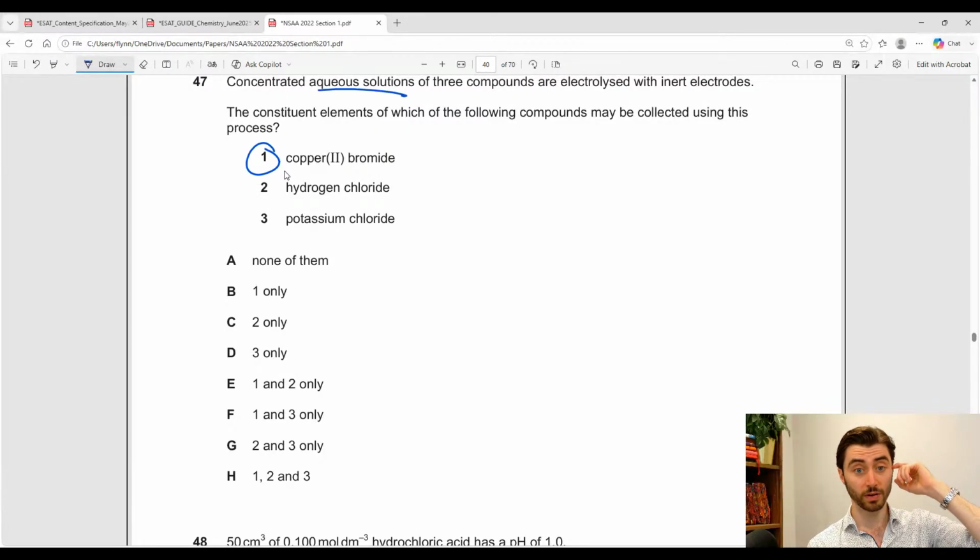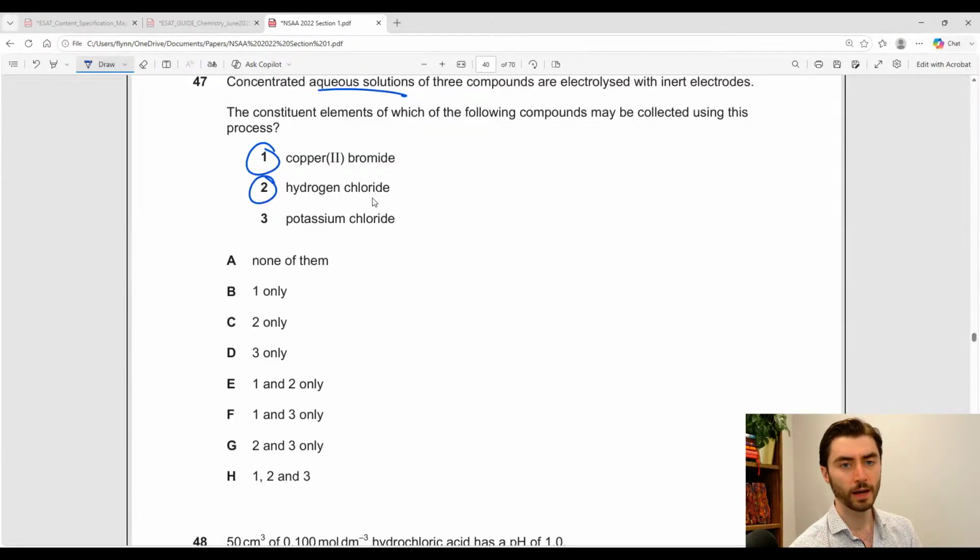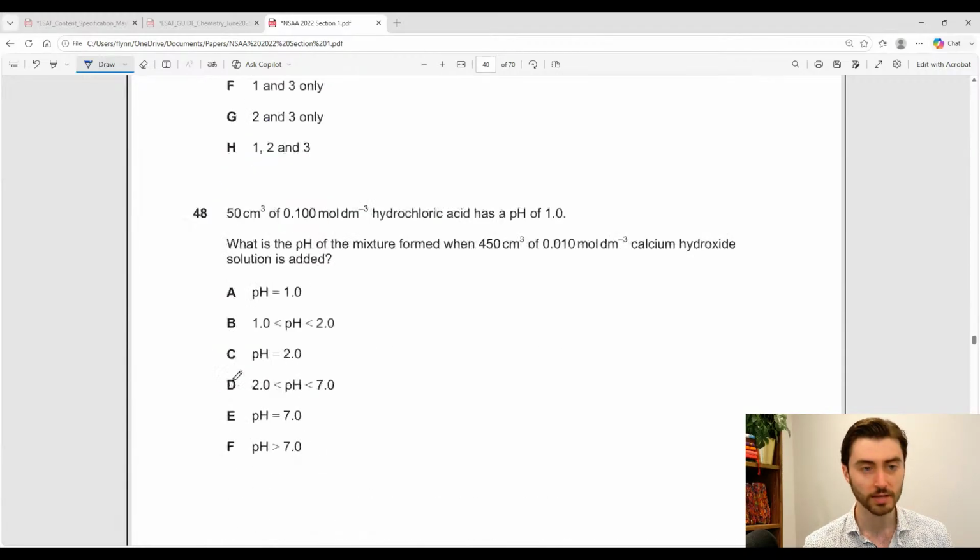Copper would come out. Bromine can come out if it's concentrated enough. Hydrogen chloride, again, that can come out because you'd also get hydrogen from the water. So hydrogen would definitely come out. It could be chlorine. Here, potassium chloride, you can never get potassium out because the hydrogen from the water would come out instead. 1 and 2 only. E. Next.